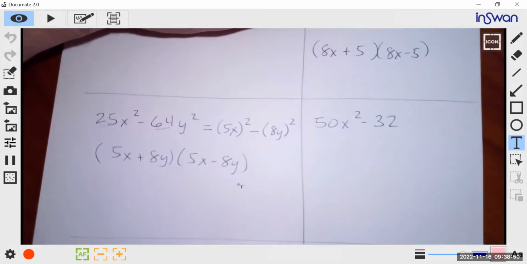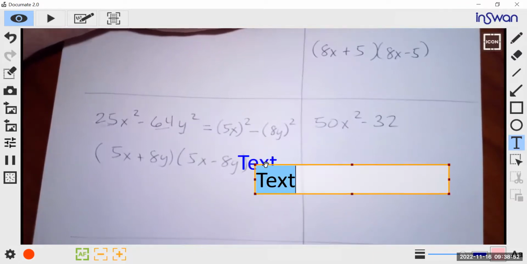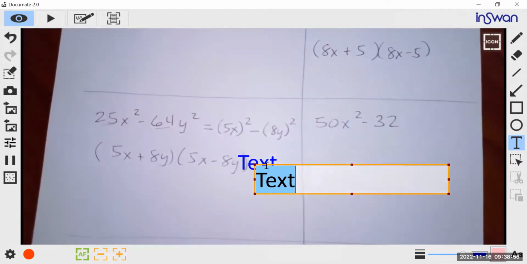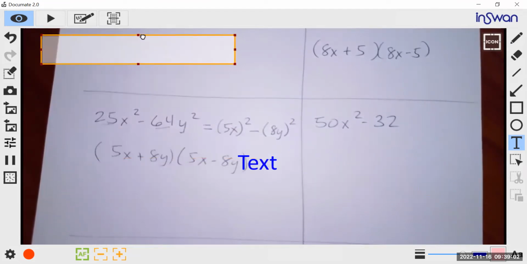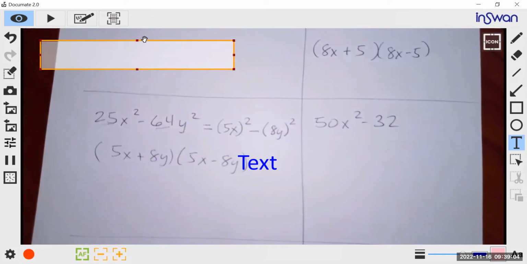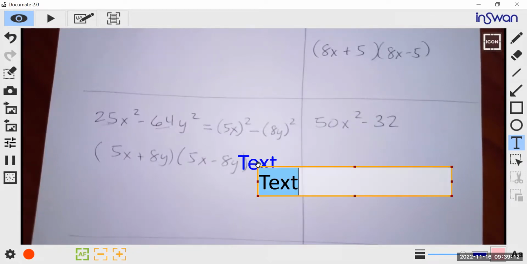How about the next one? What is that doing there? What's where that came from?